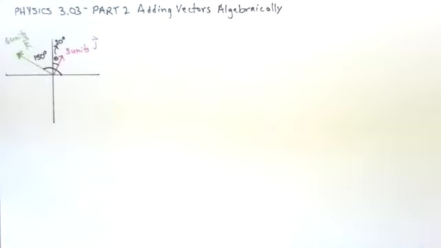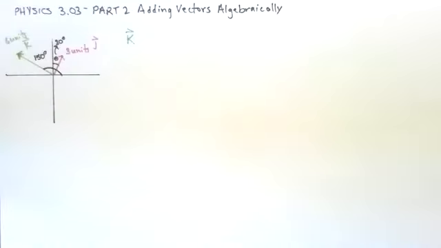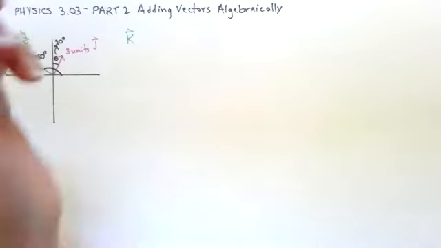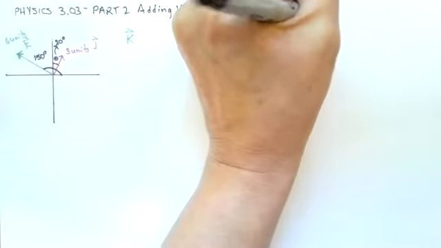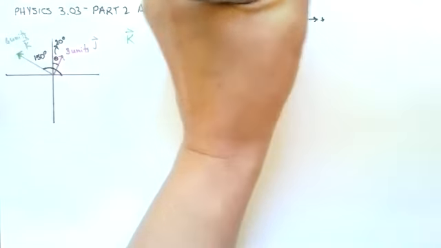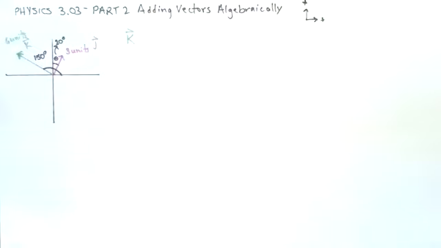But let's just try it. And we need to get our coordinate system. So we're going to do up as positive. Isn't it always going to be up as positive and right as positive? And the answer is no. There's going to be times where it's going to be better to have down be positive or to change our signs.